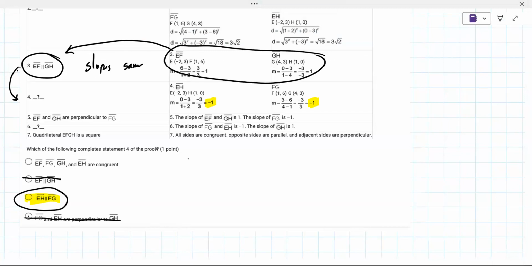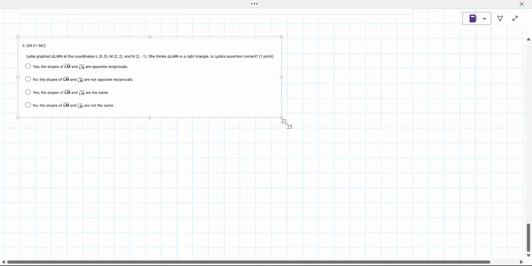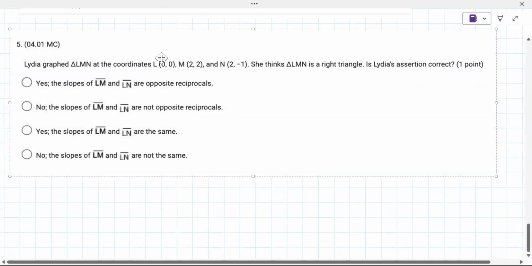All right, so this one, number 5. Yeah, number 5. Now, Lydia graphed triangle LMN at the coordinates L, M, and N. She thinks LMN is a right triangle.